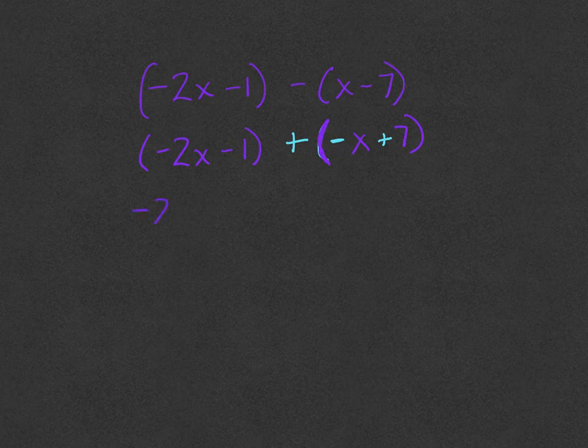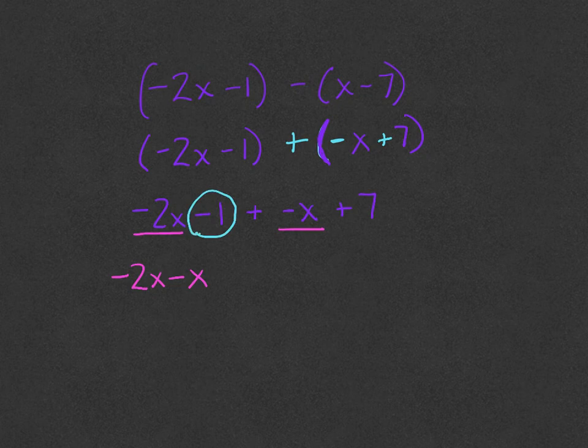So I have negative 2x minus 1 plus a negative x plus 7. Combine my like terms, so I have negative 2x, negative x. I'm just going to put them right next to each other first. And then I have a negative 1 or minus 1 and a plus 7.